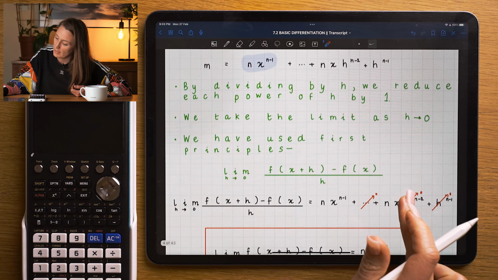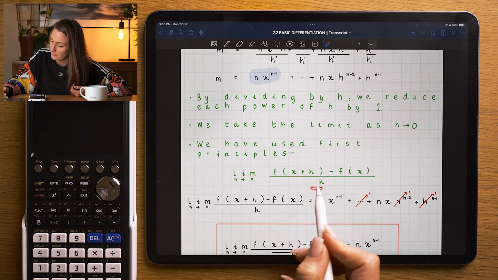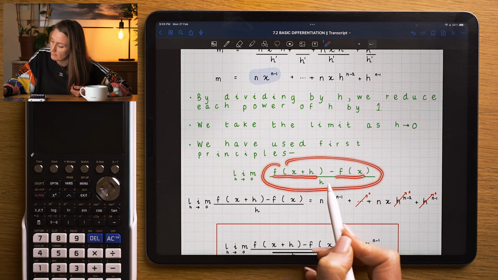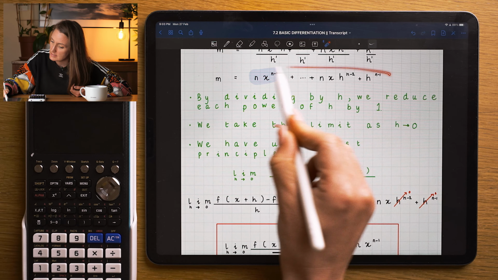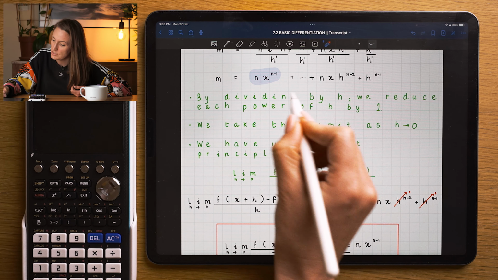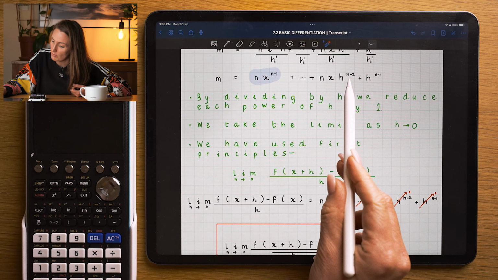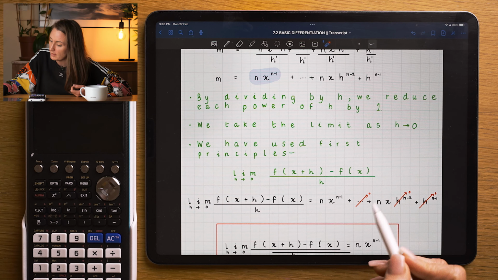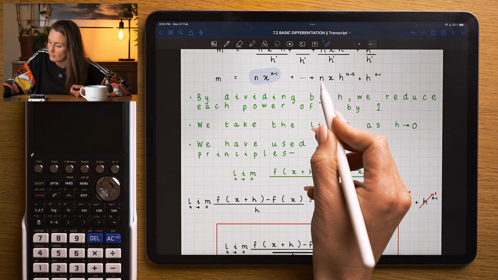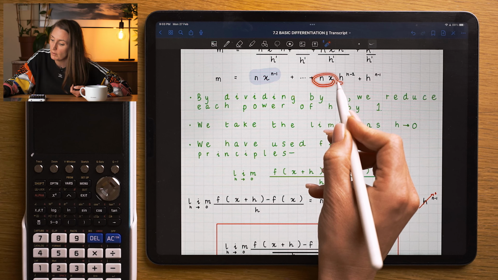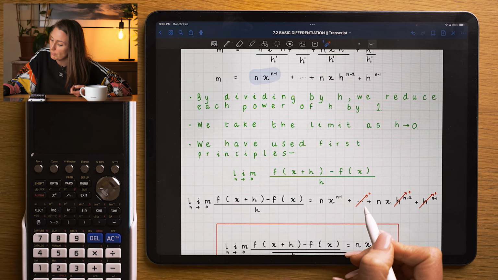Now we need to take the limit of our expression. We've already calculated that f of x plus h minus f of x, divided by h, is this expression here. If we imagine that h is very, very close to 0, that means that any powers of h would also be very, very close to 0. For example, if I multiplied a really, really small number, it would be pretty close to 0.